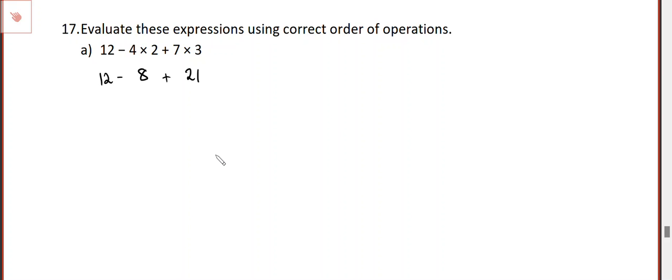Now lots of people got to this stage perfectly well. But they then did 8 plus 21. But what do you do if there's no subtraction and addition together? Go left to right. So we have to do 12 minus 8 is 4. 4 plus 21 is 25. That's the correct answer.